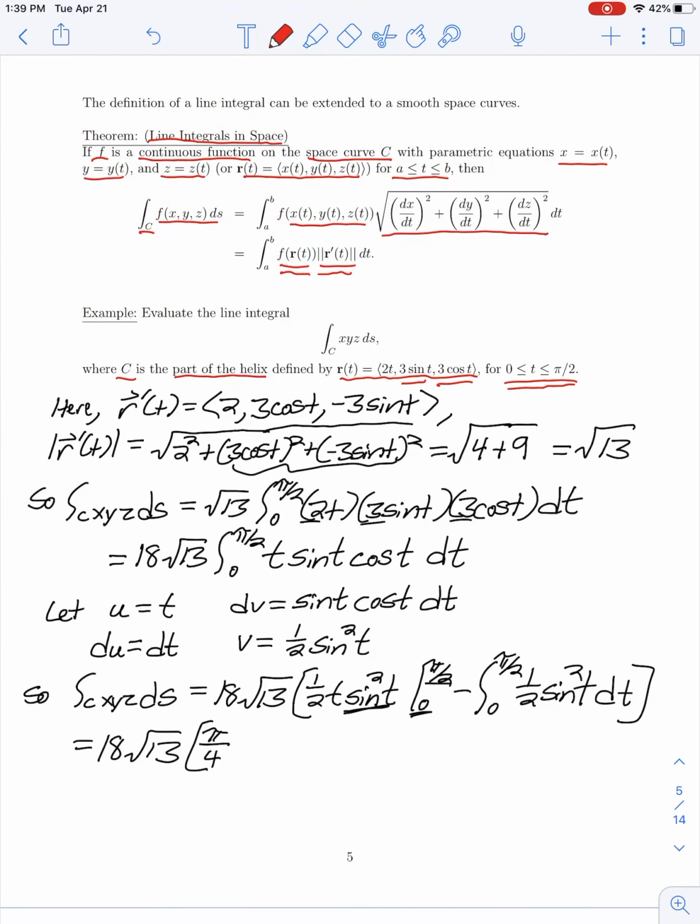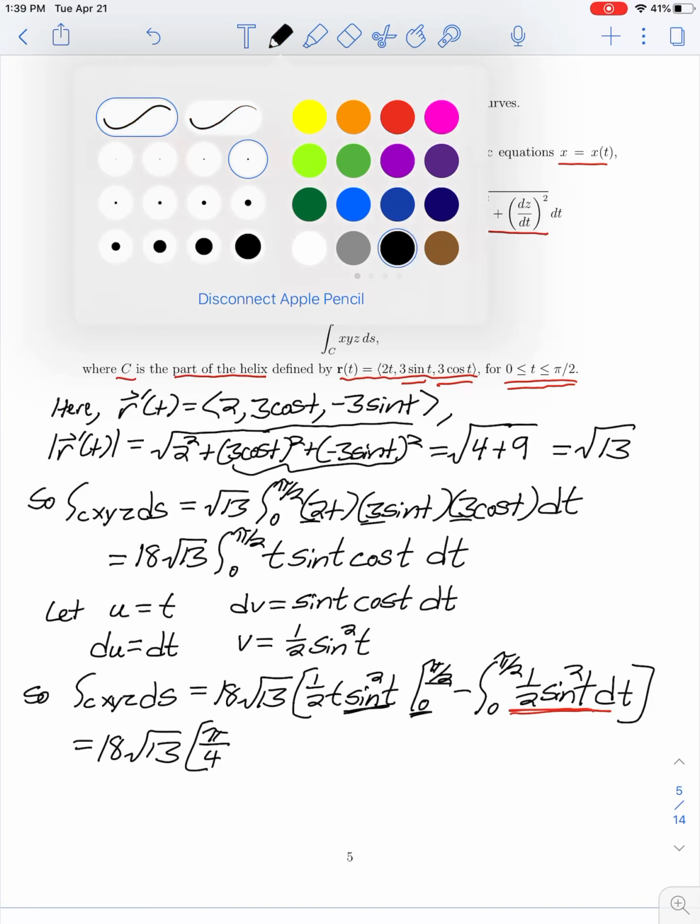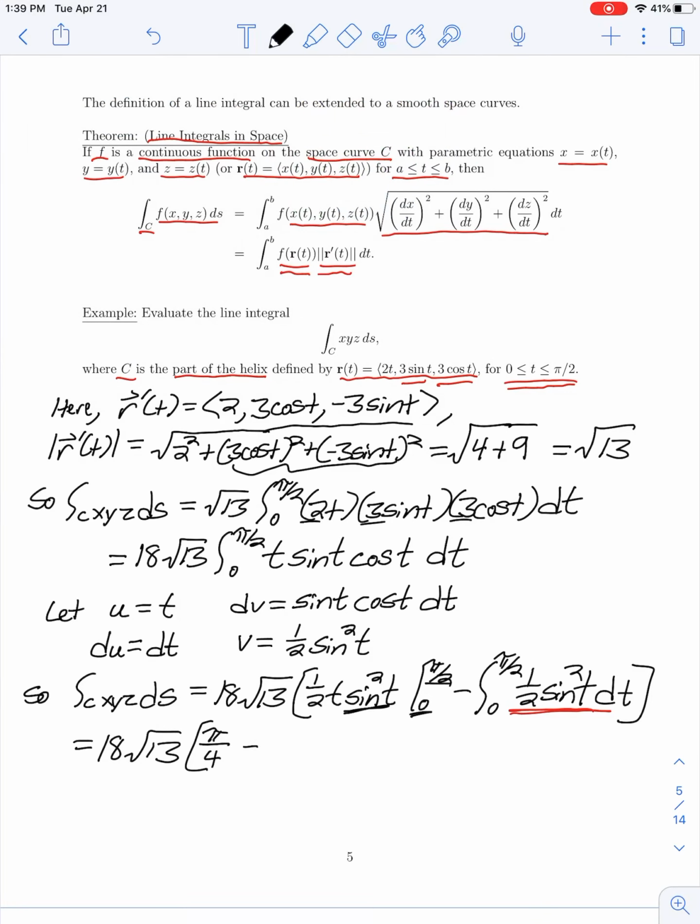Now, to integrate a sine squared function, we have to make use of our trig identity. So we would rewrite this as the integral from 0 to pi over 2 of sine squared, which is the same as 1/2 of 1 minus cosine of 2t. And since we already had a factor of 1/2, this will become 1/4 of 1 minus cosine of 2t dt.